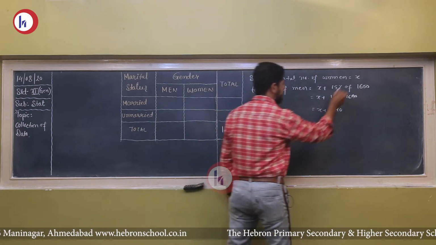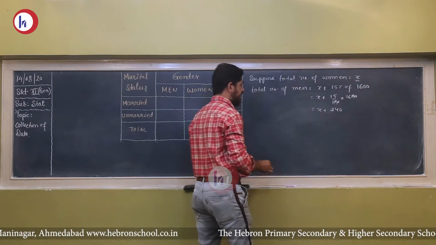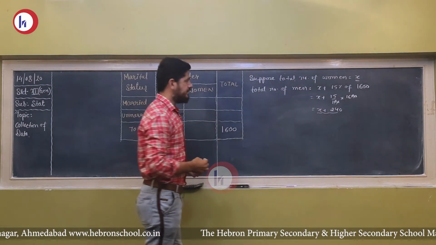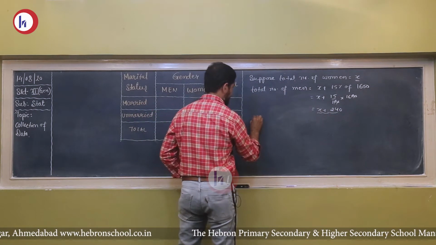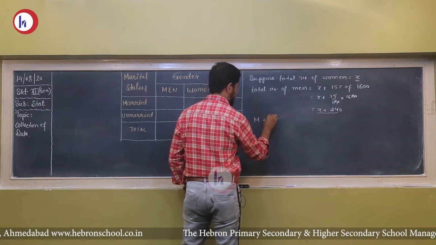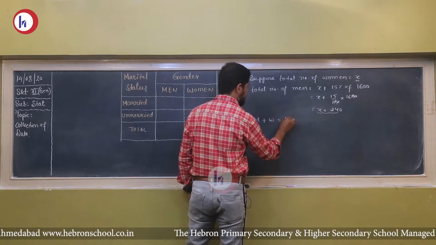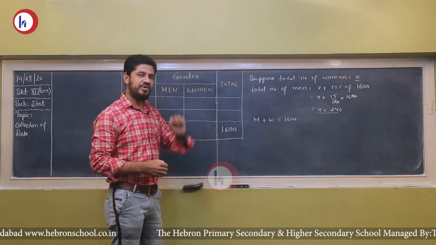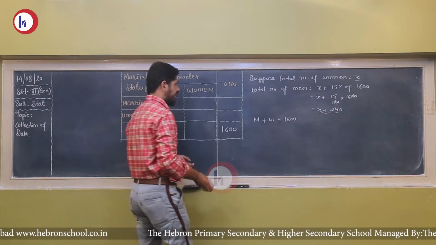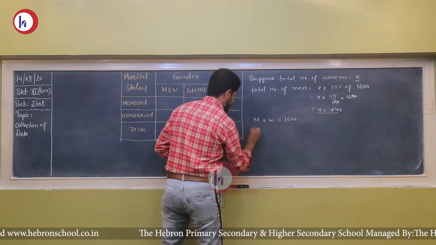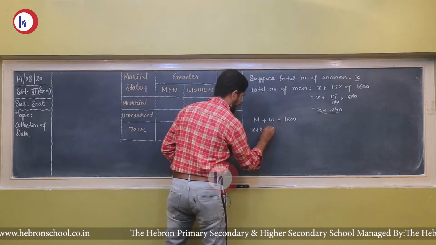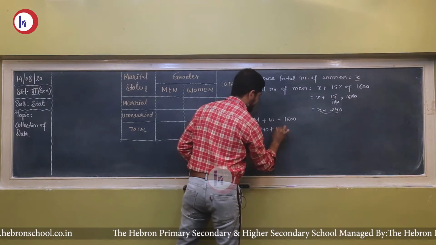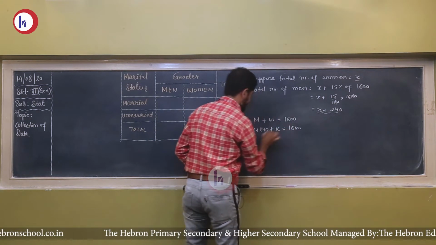So we have women X that we have assumed, and the total number of men are X plus 240. Students, we also know that the sum of the number of men and the number of women will be 1600. Now men will be X plus 240 plus the number of women, that is X, is equal to 1600.